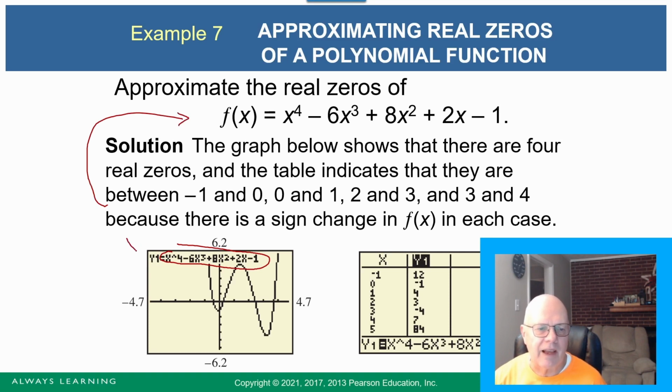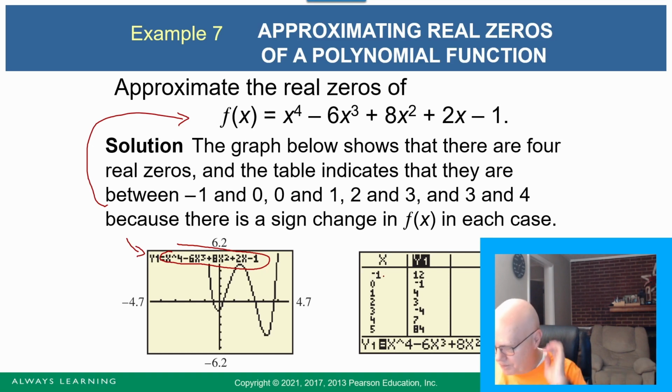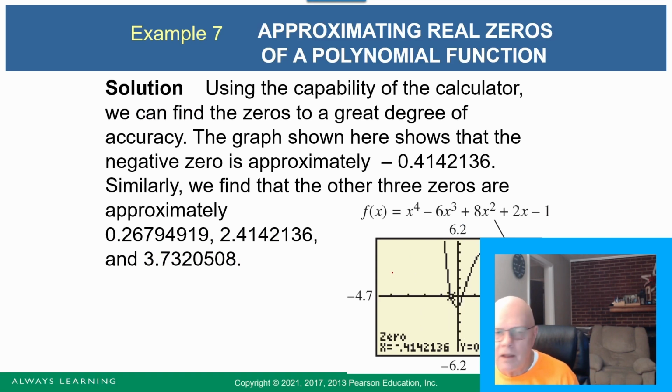It's hard to see that calculator version. And you can also get a table version too, with some numbers in there. I'll let you do that. All right. We don't get a great degree of accuracy, but we get pretty close sometimes. So the other 3 zeros, here, here, and here.